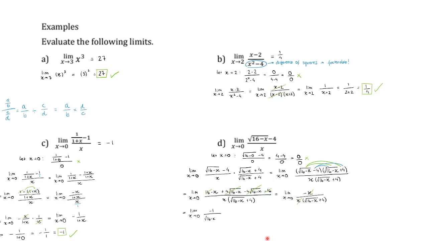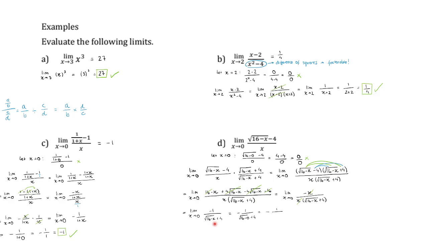And so now I should be able to just let x be equal to 0, without any issues. So let's give that a try. We are going to have negative 1 over the square root of 16 minus 0, plus 4. And this is going to give us negative 1 over the square root of 16, which is equal to 4.